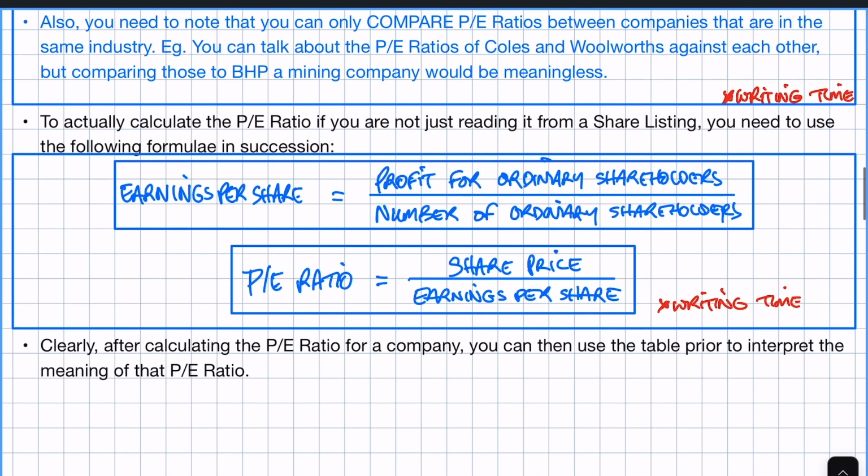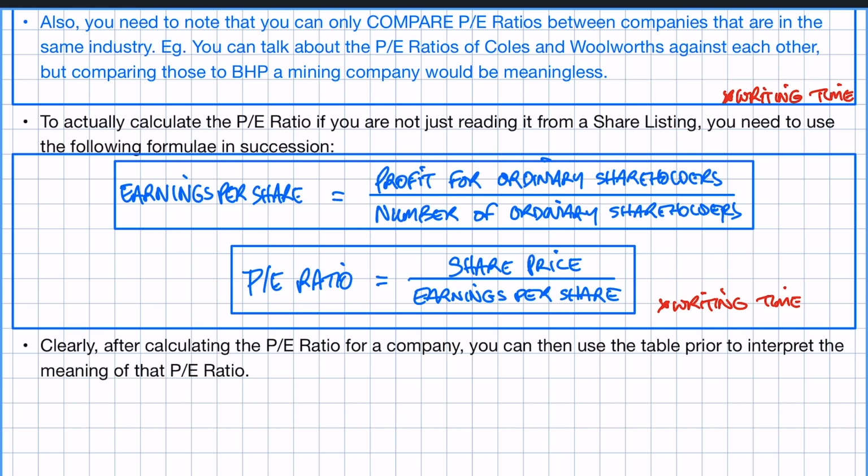Okay, this is where the maths actually comes in. To actually calculate the PE ratio, you need this formula. All I've shown you so far is, look at the number in the table, what does it mean? But for our purposes, you need to be able to work out what the PE ratio is. So you need to work out the PE ratio using the formula in succession. What does in succession mean?